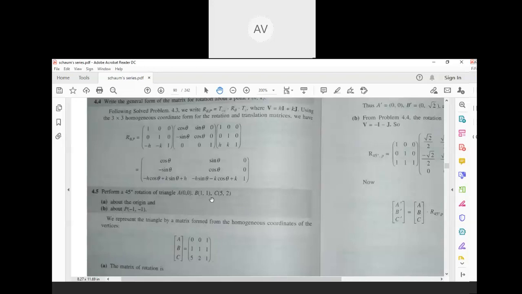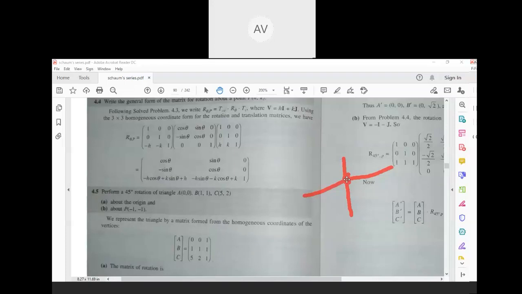Just imagine our triangle: the A point is already here, at the origin of the x and y coordinates.